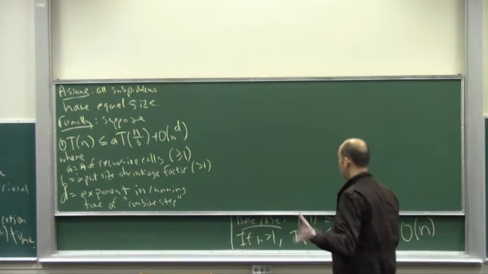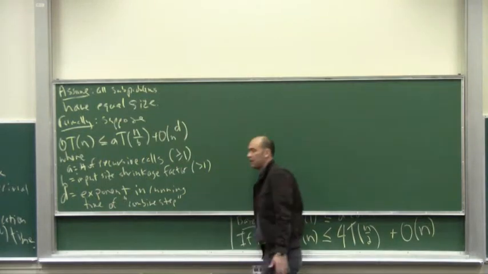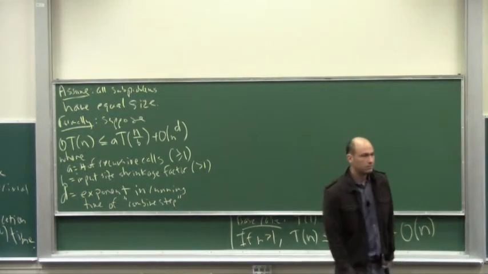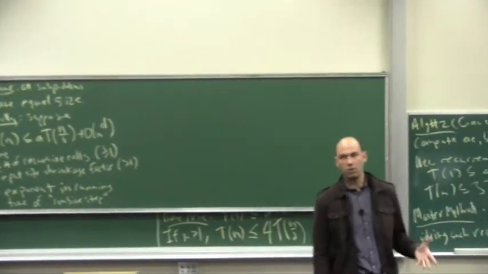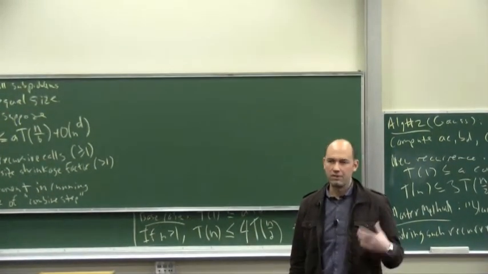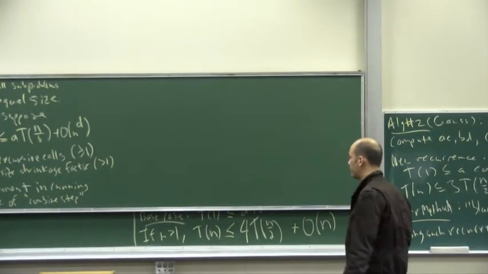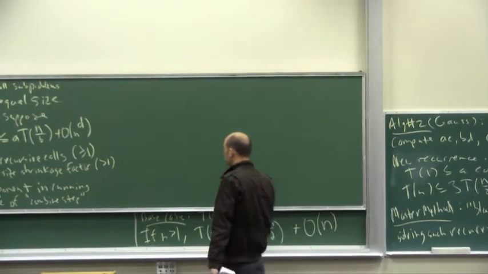So I'm just saying, suppose the work you do outside the recursive calls has running time bounded by big O of n to the D. Okay, and D here could even be as small as 0. That would be constant time outside the recursive calls. So far we've seen D equal 1 where we were doing linear time work outside of the recursive calls. Okay?